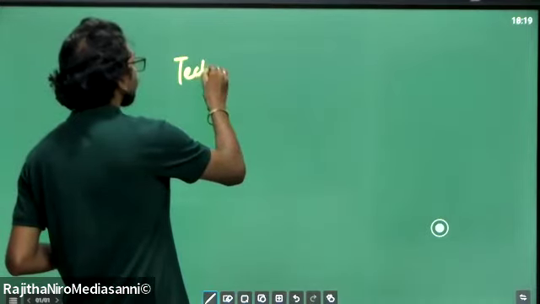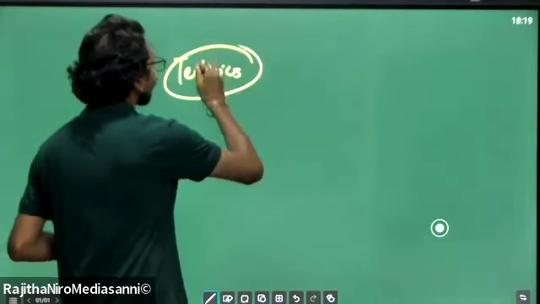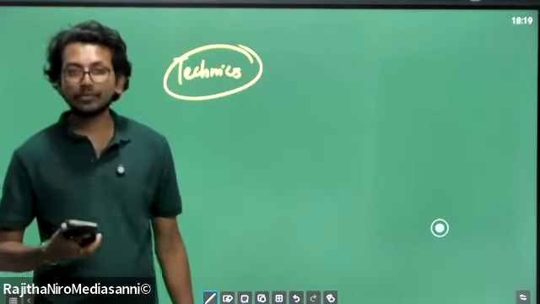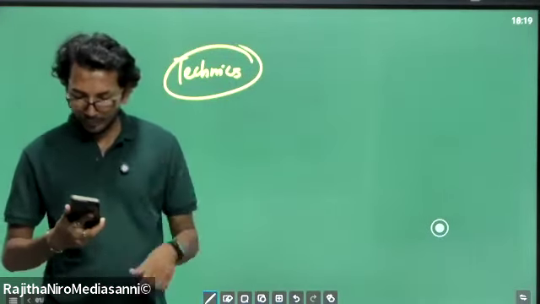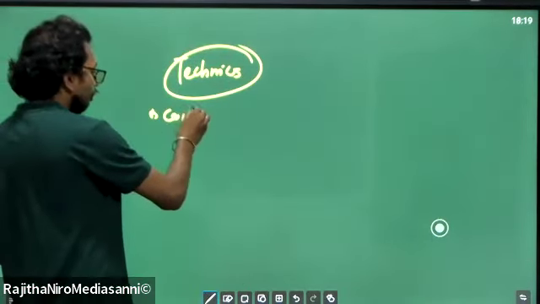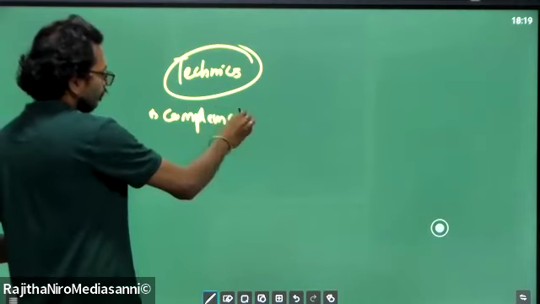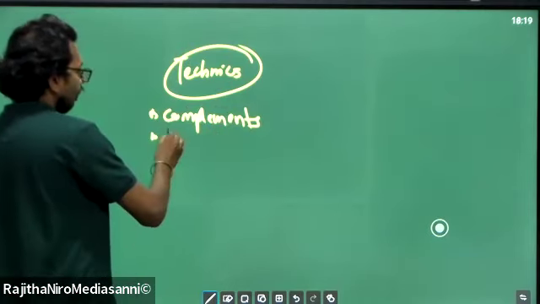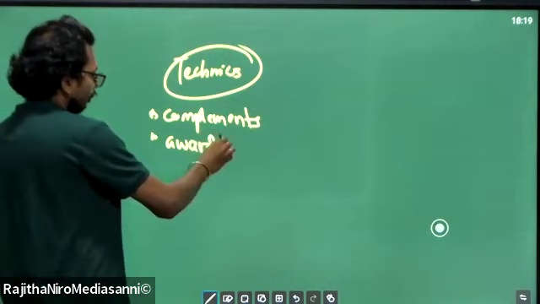Now the techniques. Techniques of what? Publication techniques. One-way idea. But the first thing, compliments are there. Awards are there.